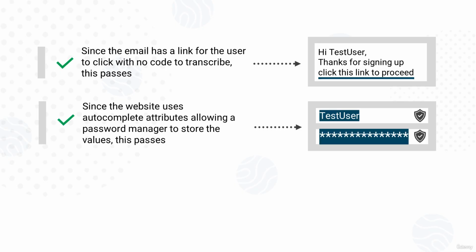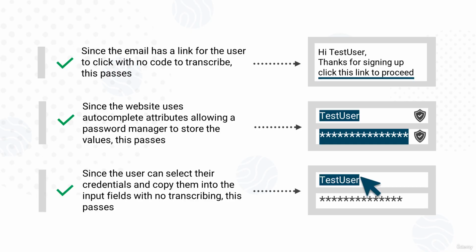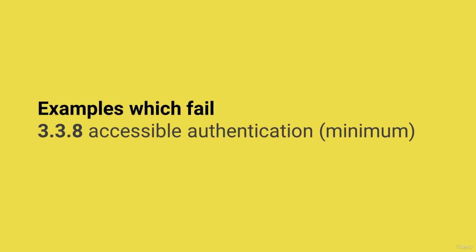Since the website uses username and password text entry with the autocomplete attributes correctly set, the browser or password manager auto-completes the text entry. This passes. A website does not block copying and pasting. Since the user can select their credentials and copy them into the input fields, no transcribing is required. This passes.